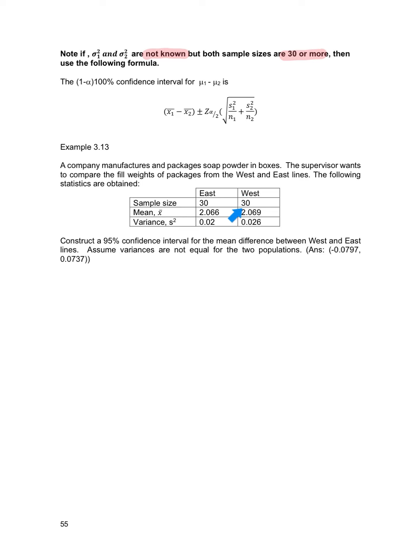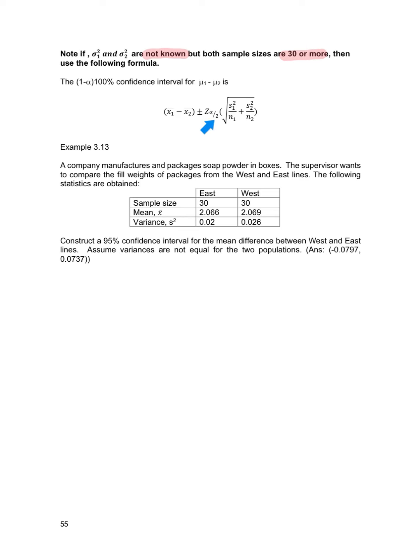Whereas for west line, we have 30 sample size, x bar 2.069 and the variance is 0.026. Okay, so we consider both are large because we have sample size 30, but we do not know the population variance. Okay, kita hanya ada maklumat variance untuk sampel sahaja.